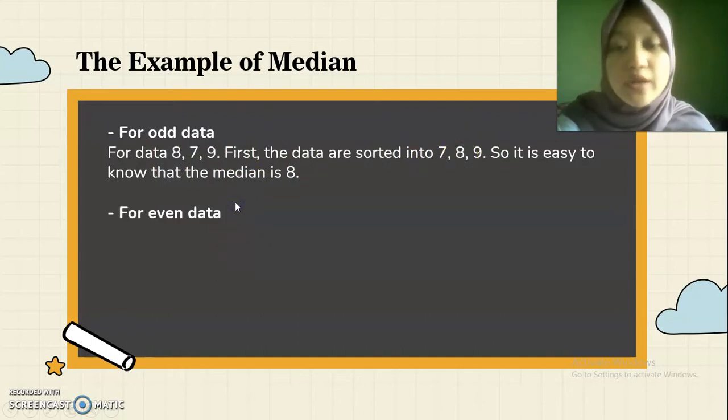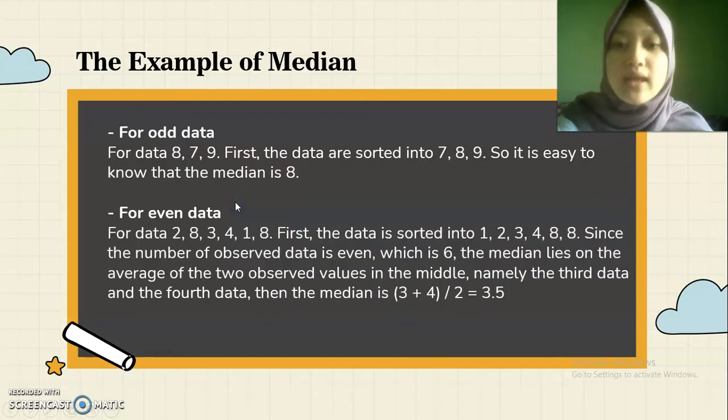And for even data, for example, data 2, 8, 3, 4, 1, and 8, we do the same step. We sort it numerically: 1, 2, 3, 4, 8, and 8. And since the number of observed data is even, which is 6, we take the 3rd and 4th values in the data.